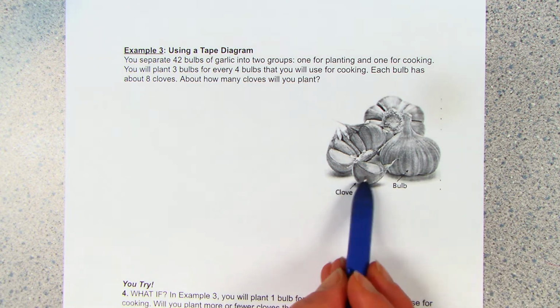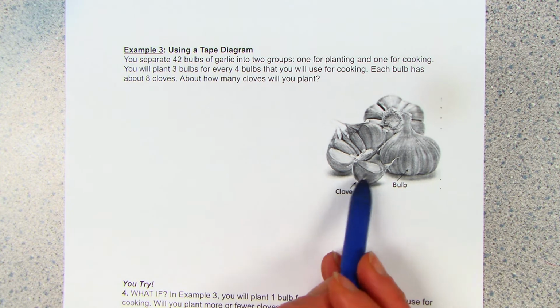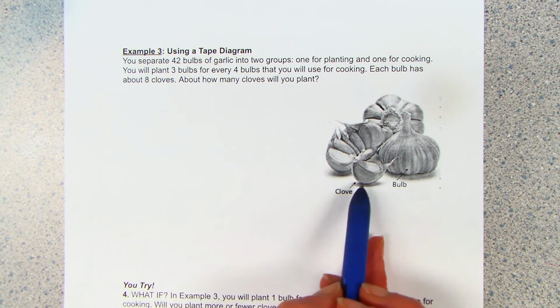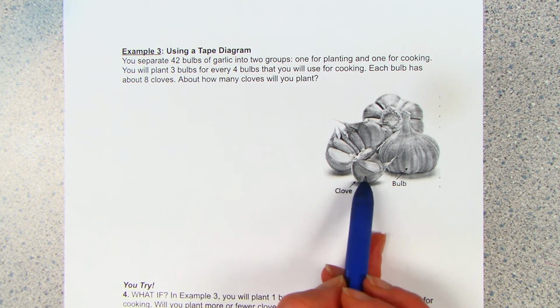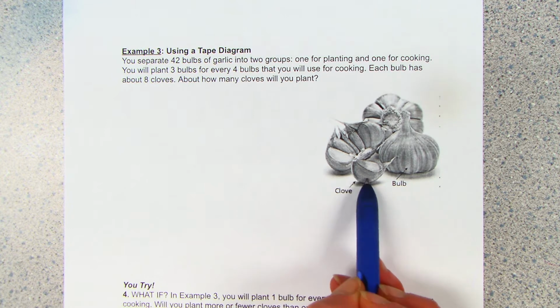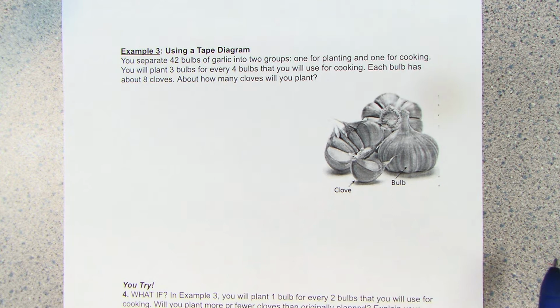So these are papery, and you take the little papery wrapping off like an onion, and then you chop it up and cook with it, right? You can also plant these individual little cloves, and then they will grow into a whole new bulb of garlic the next year. So each little clove of garlic grows into a big bulb, right?